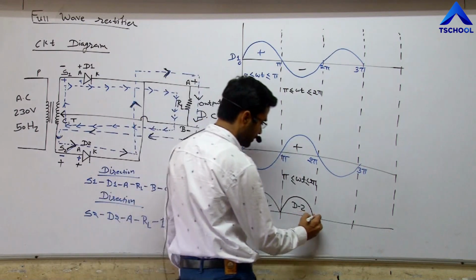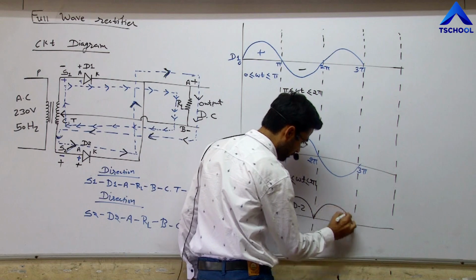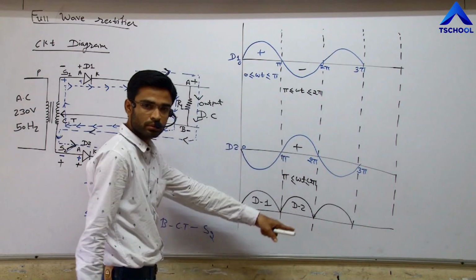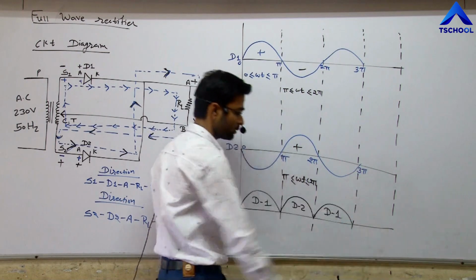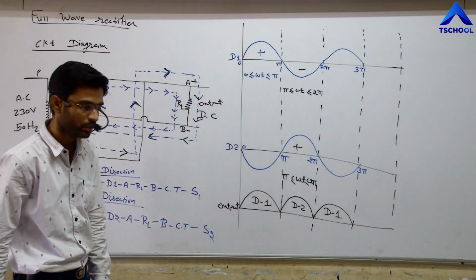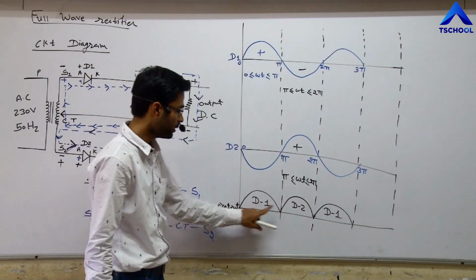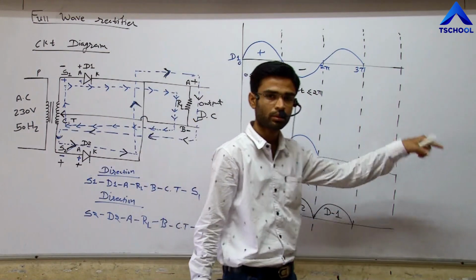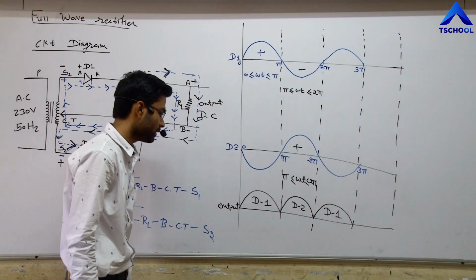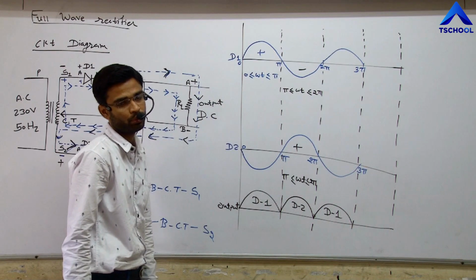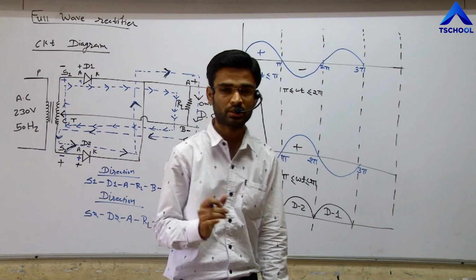Now that process is continuously repeating: D1, D2, D1, D2, D1, D2 and so on. In this manner we can get a continuous DC waveform, meaning continuous DC energy.